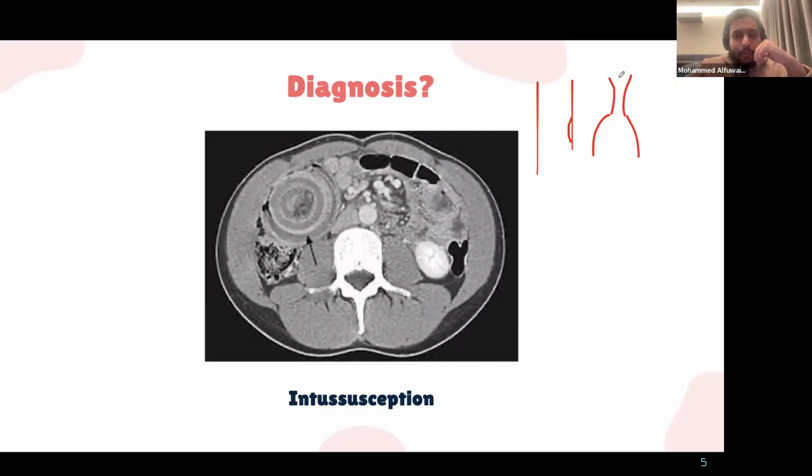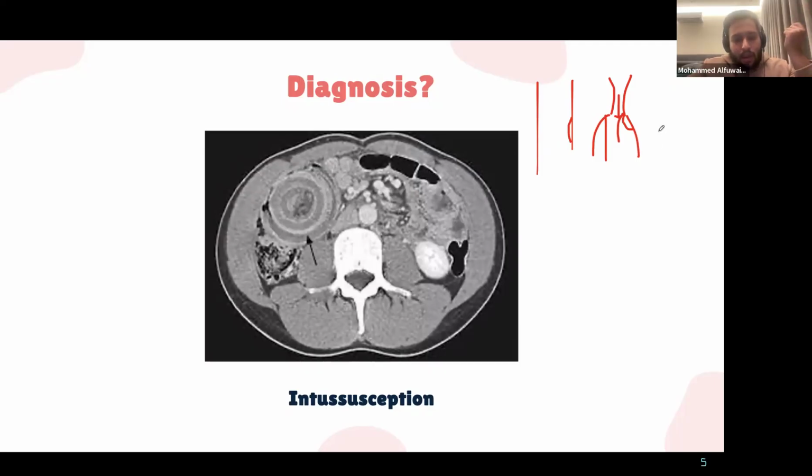So when this part of the bowel is contracting, it will tug on the lead point or the mass and go inwards and cause the telescoping. This is what intussusception is.